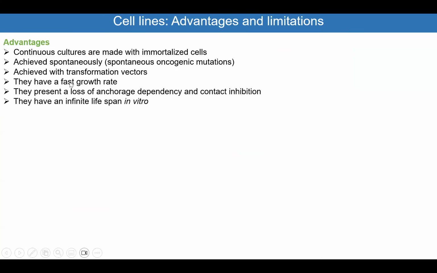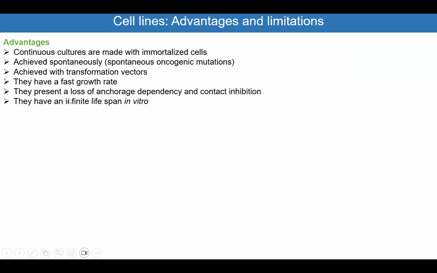These can be achieved by transformation vectors, and I will describe the transformation vectors in the next slide. They have a very fast rate of growth, because if you want to do an experiment in a lab, you don't want to do it in 4 or 5 weeks or 1 year. The growth rate of these cells is really quick, so sometimes you split them 2 times per week in a culture dish.